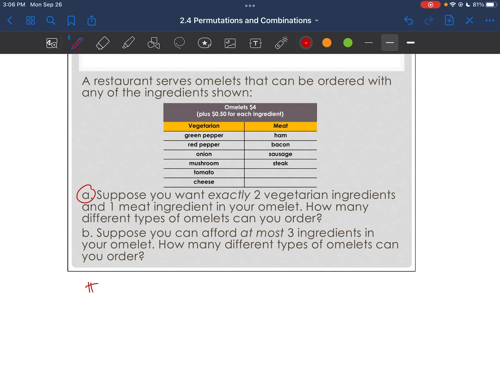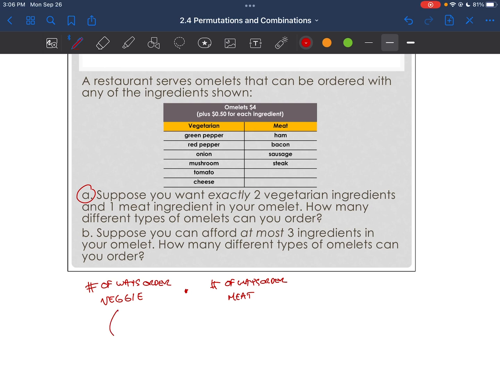So we need to figure out the number of ways we can order the vegetarian ingredients, and we need to find the number of ways we can order the meat ingredient. And once we have those, we're just going to multiply them together like we normally do, because for each combination of veggies, we'd have 4 different meat combinations, so we're going to multiply them together.